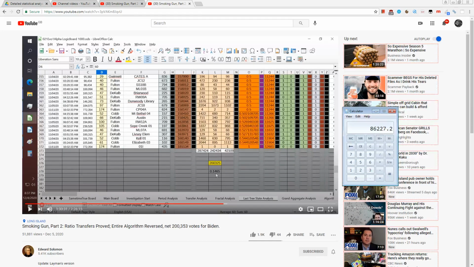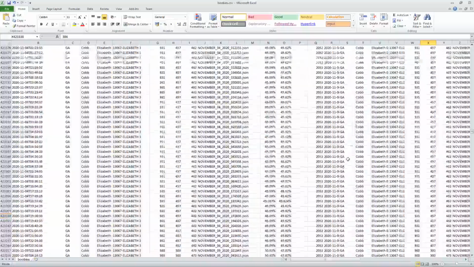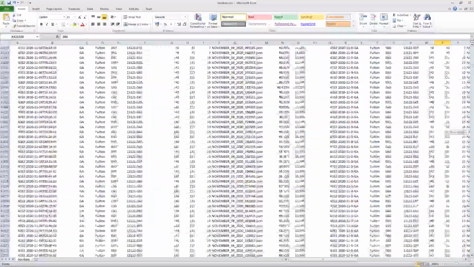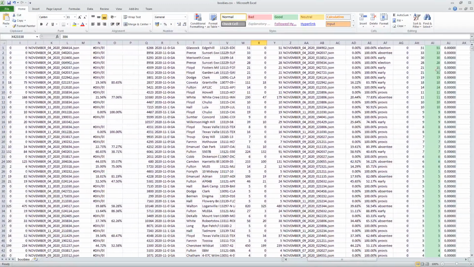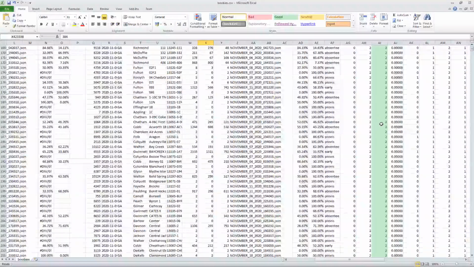Fortunately, though, that is not all of the fraud. Because when we look at our good friend boobies.csv, ordered by Biden percentage this time.